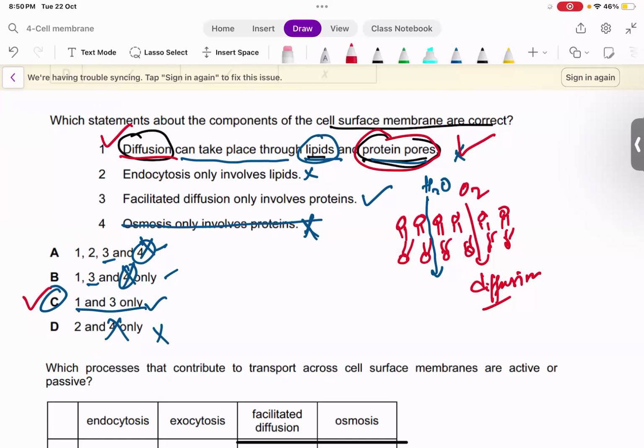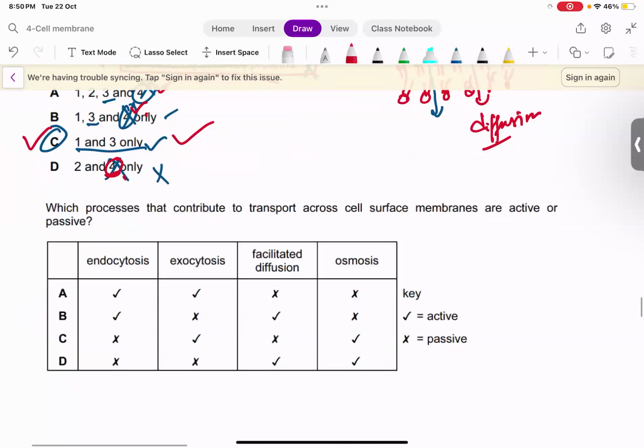So this is wrong, we are confident, and endocytosis only involves lipids, I'm not sure. But we are sure that 4 is not correct. 4 is there, 4 is here, and 4 is in this option as well. So these three options are not possible. That's very simple. That leaves only option C to be chosen.